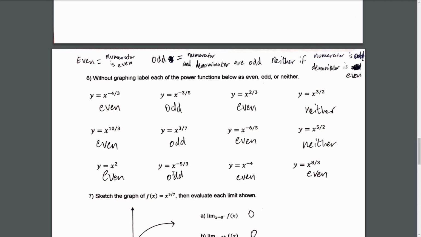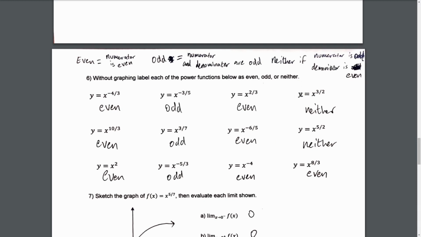This next one is the same. We have y equals x to the negative 5th over 3. Both numerator and denominator are odd, so the function is odd. For y equals x to the 2 over 3, the numerator is even, so the function would be even. Y equals x to the negative 6 over 5, numerator is even, so the function is even. Y equals x to the negative 4, that's even, so the function would be even.